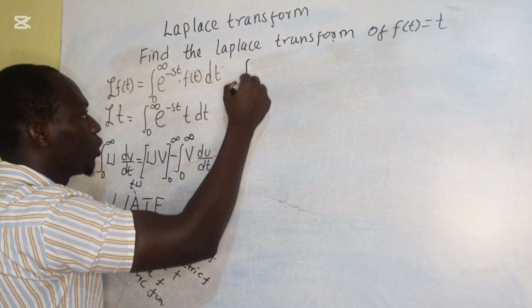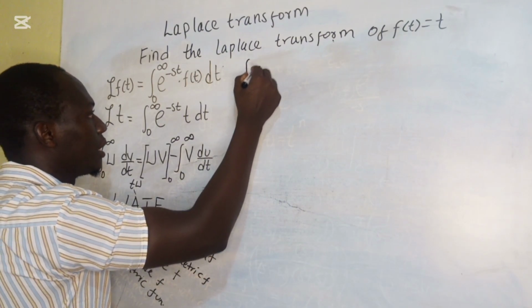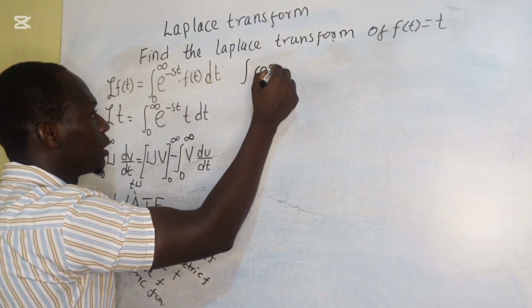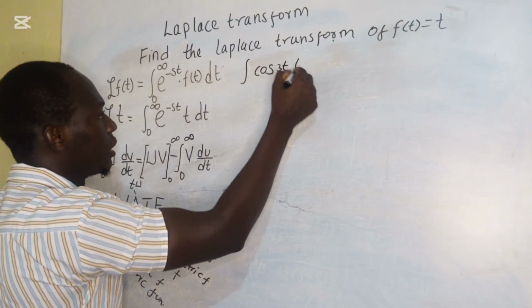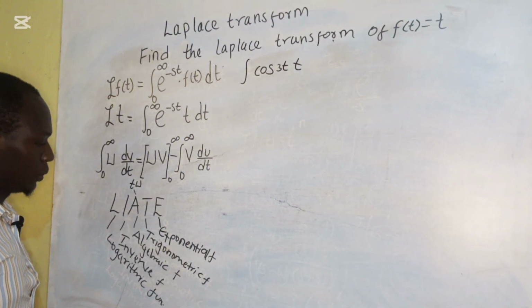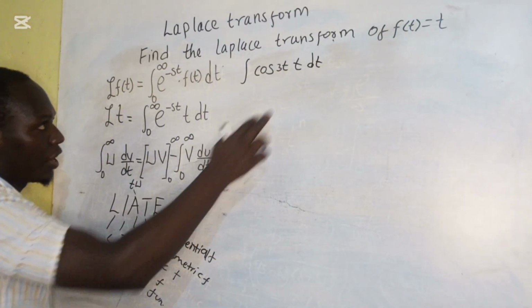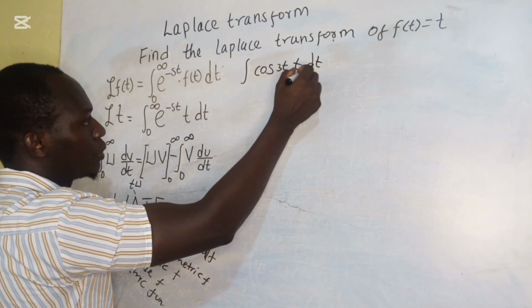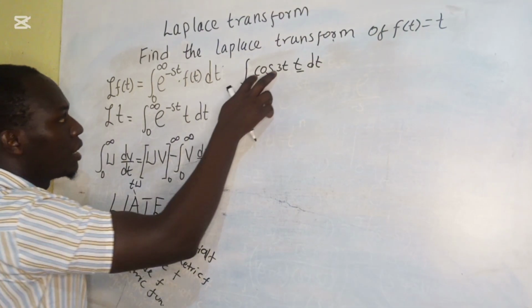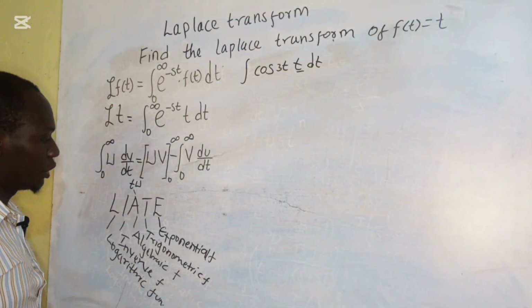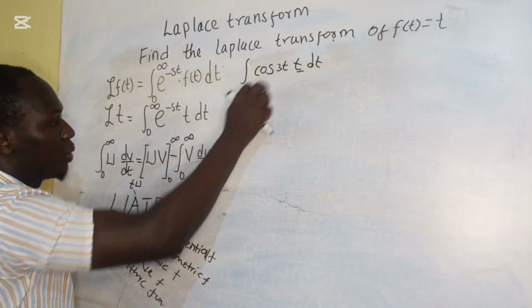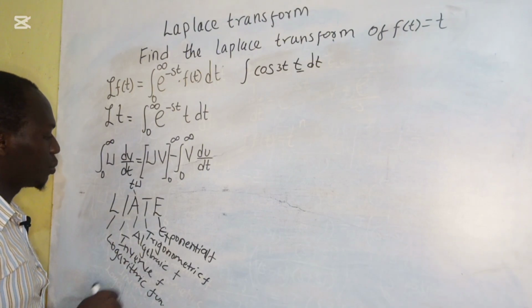To mean that, if you are told to integrate, let's say, cos 3t with respect to t, here we have a combination where this one is an algebra and this one is a trigonometric function. Which one will take u, and which one will take dv with respect to dt?